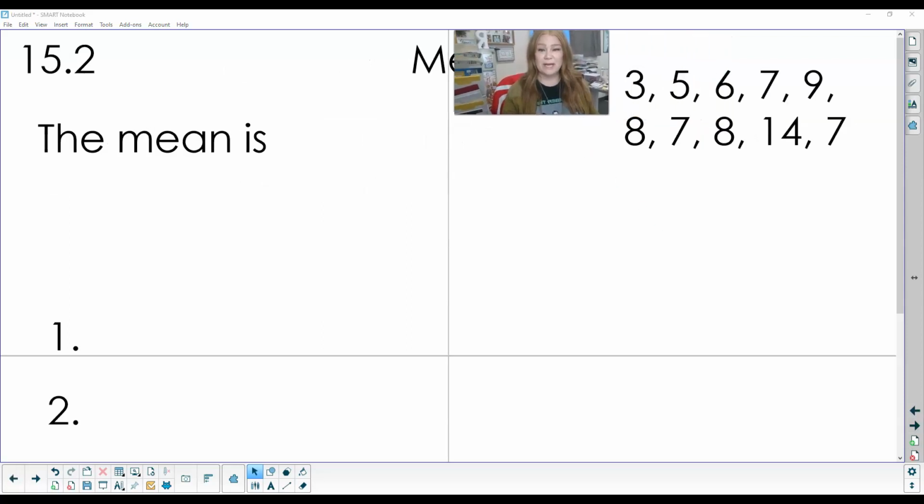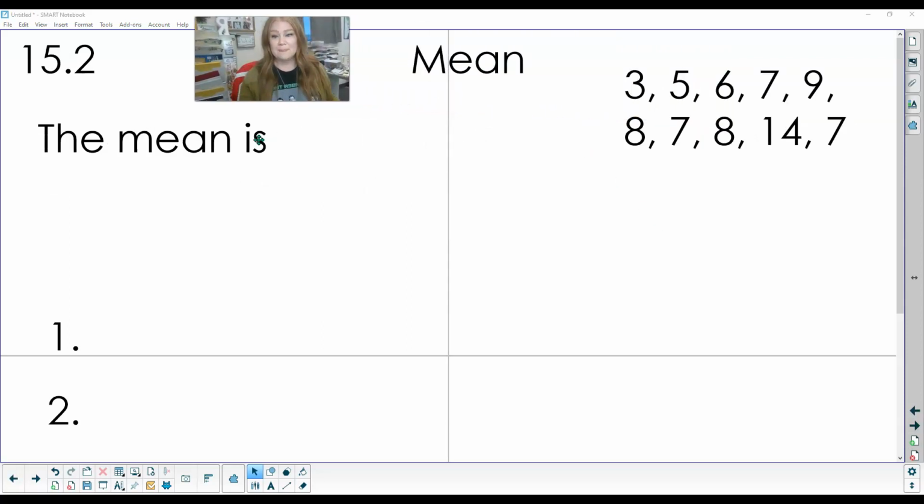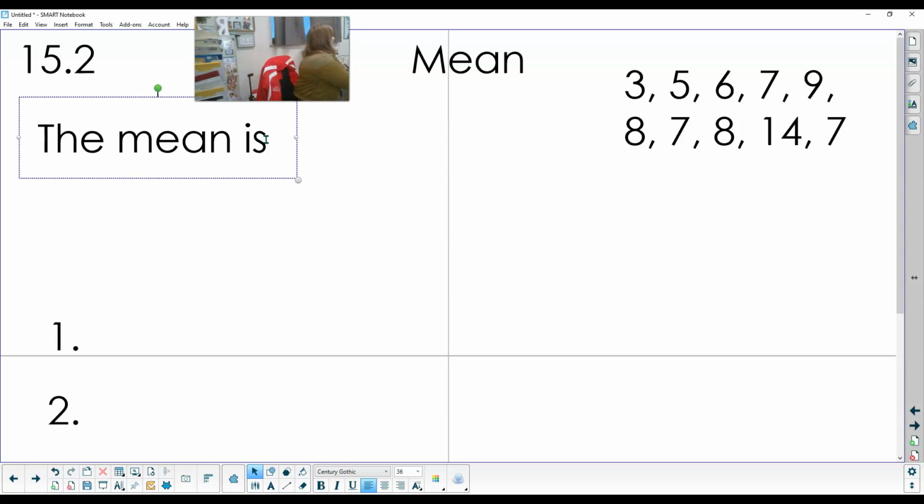The first one is called the mean. Let me grab my book to give you the mathematical definition.